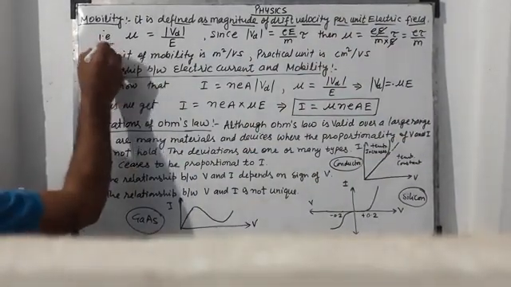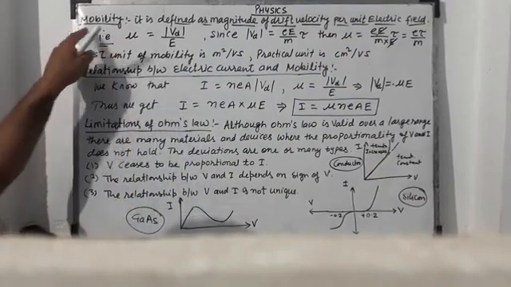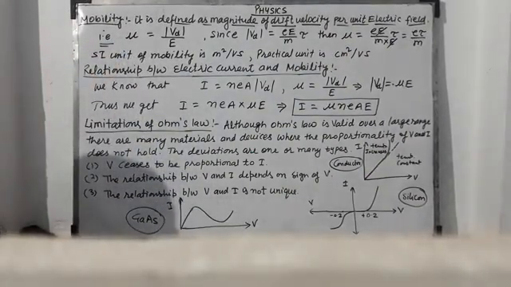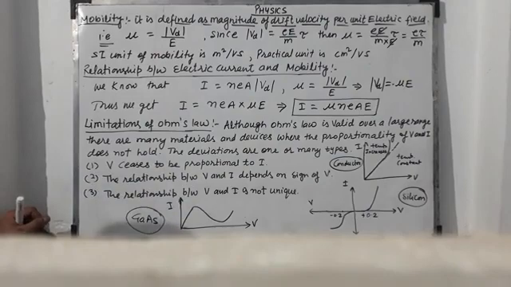Mobility is represented by mu. So mu is equal to Vd in magnitude upon E.